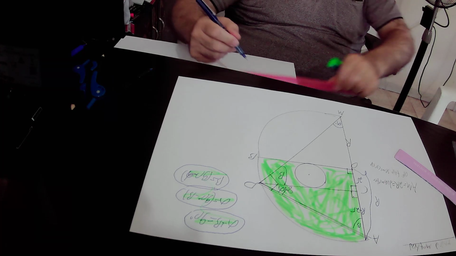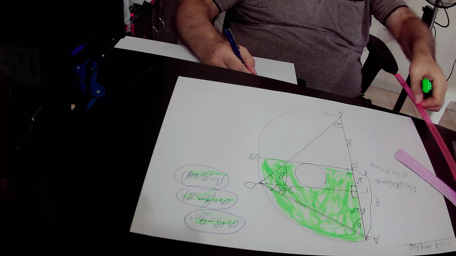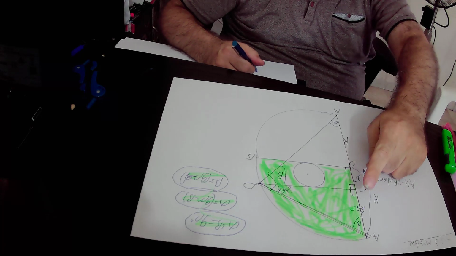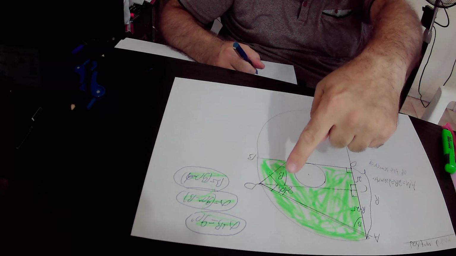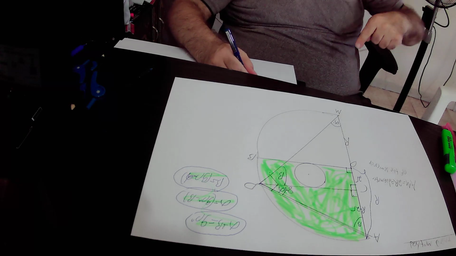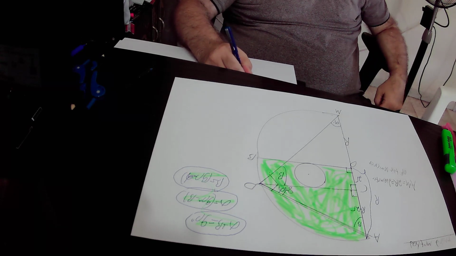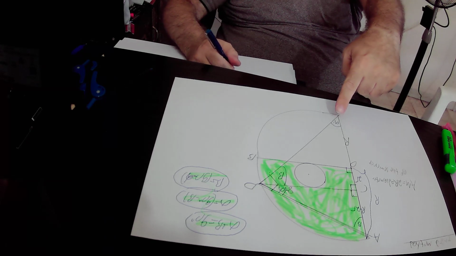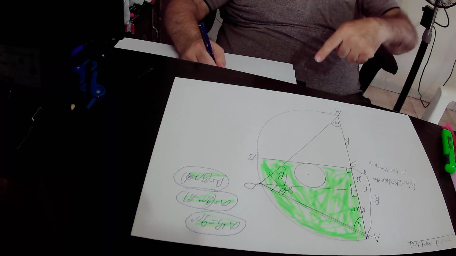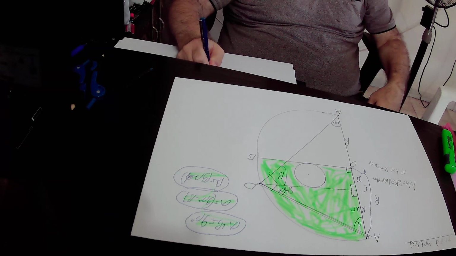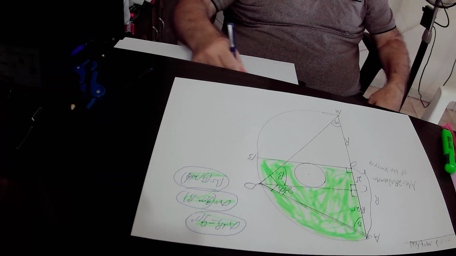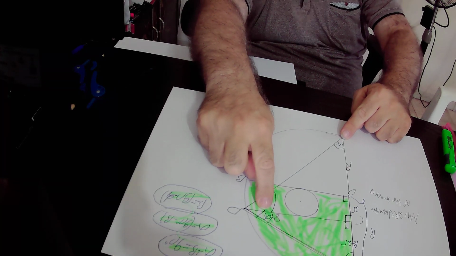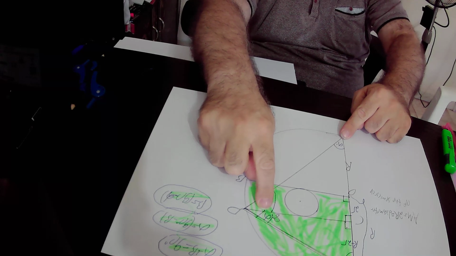First of all, we know that this angle ADC equals this angle, that is angle CMD. I'll repeat again, those two angles are both equal to alpha, therefore they are equal to each other.